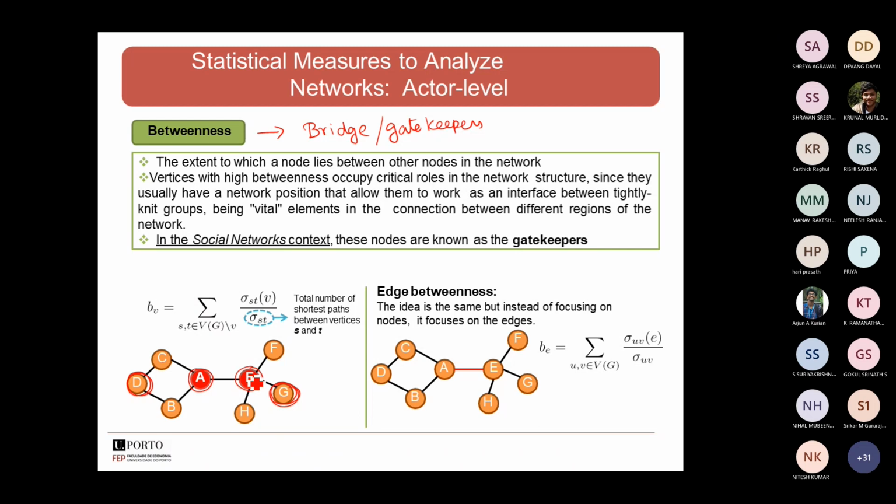Okay, so G has a straight connection with E. So unless these common friends allow it, you cannot reach this person G. In this way, we can say these are the people through whom you can connect to G.